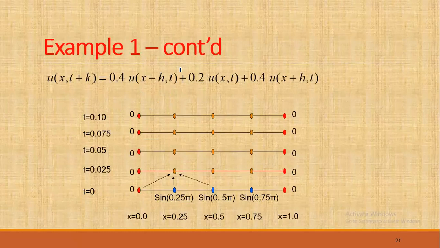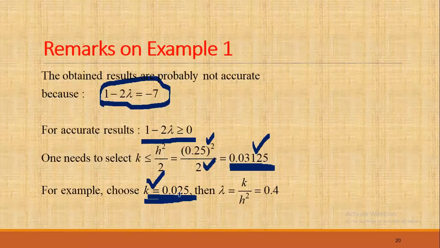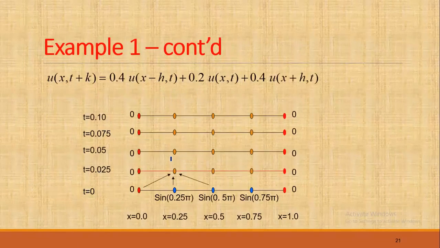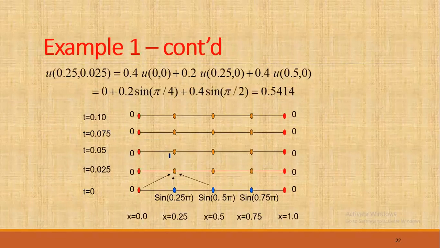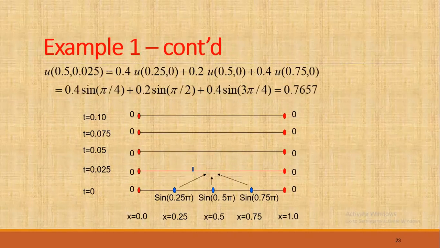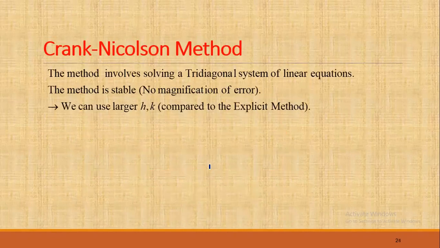Okay, so when we use k equal to 0.025, then obviously, as we discussed in the Matlab program, we get the whole answer for the different points. All the points we get.